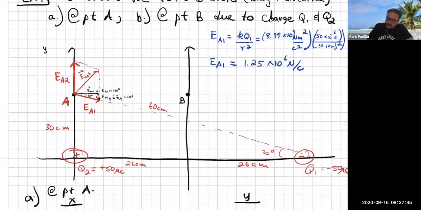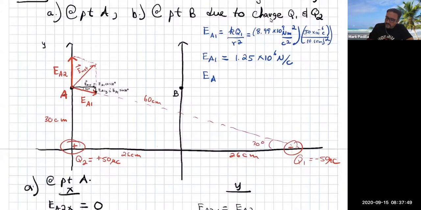EA2 would be the same thing, except the distance is 0.30 meters squared.